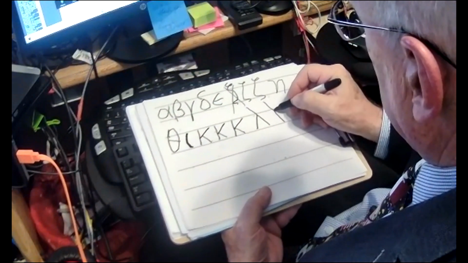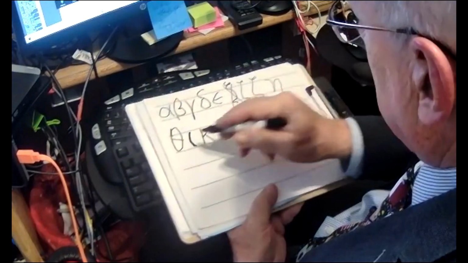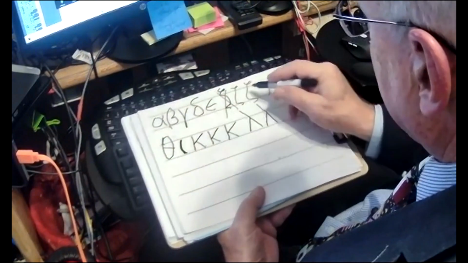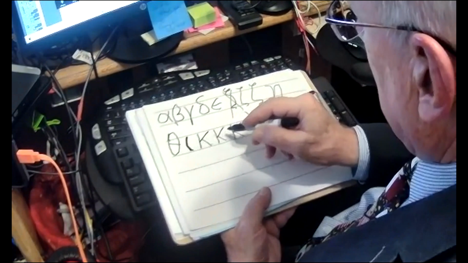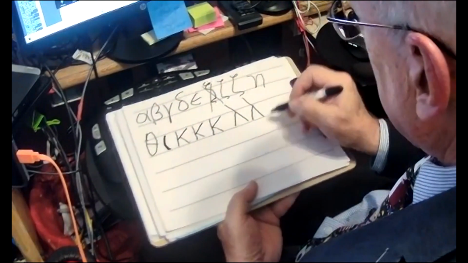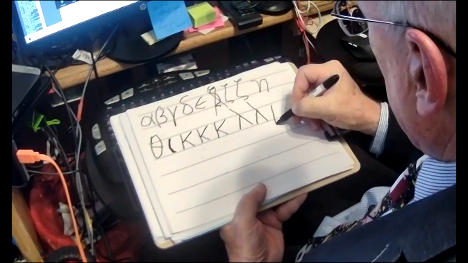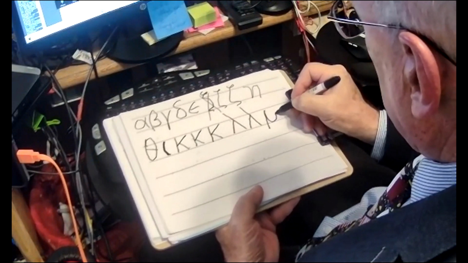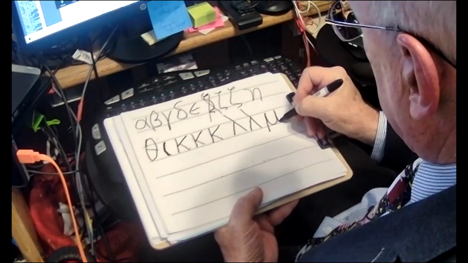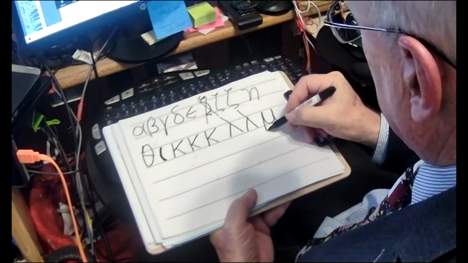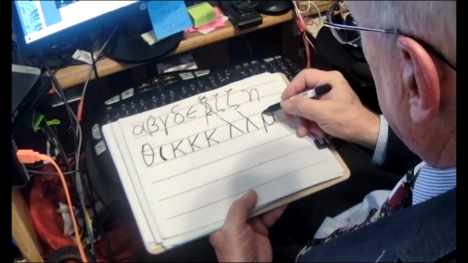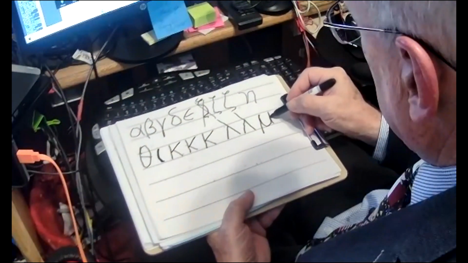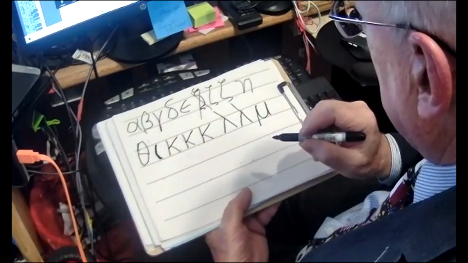So it's a large letter like theta and beta and zeta. Iota, kappa, lambda. The next letter is mu, and it leans over like nu. Looks kind of like an English U, except it has a line that goes below the line here. And this one stands on the line.